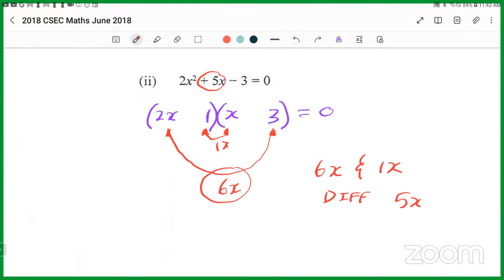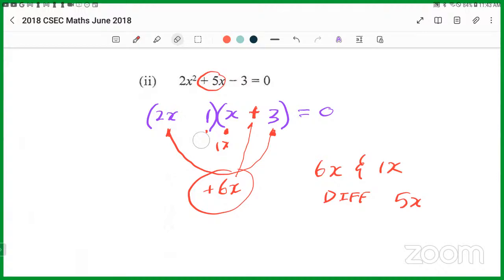The larger one is the far product. I want the far product, which is 6x, to be positive, and the near product to be negative. In order for the far product to be positive, I have to put a plus there, and so the minus must come there. And those are the factors.